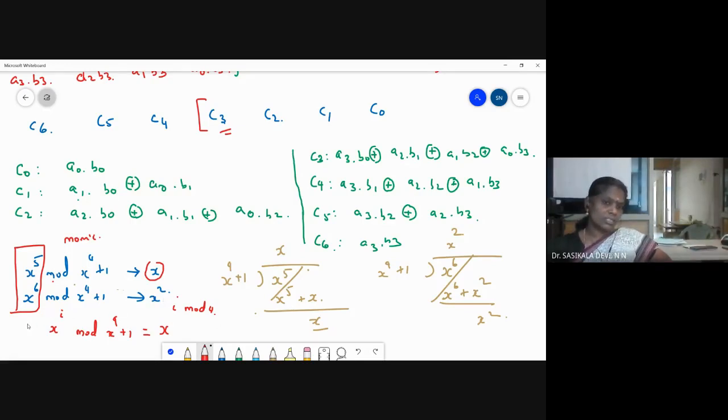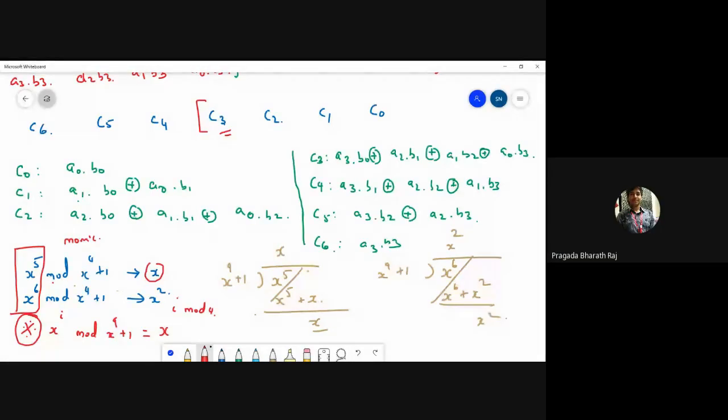So this is possible for monic polynomial reduction. Okay, clear? Can you understand this general notation? Students? Yes, ma'am.